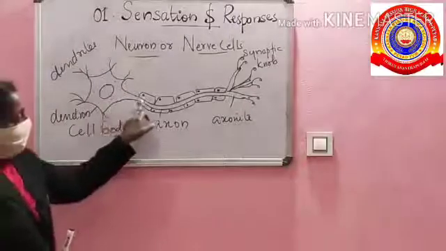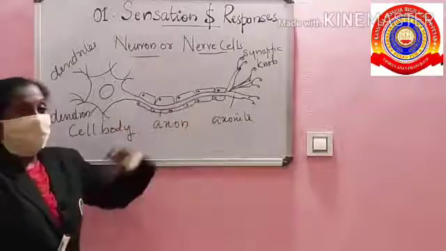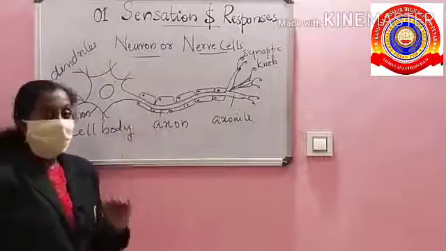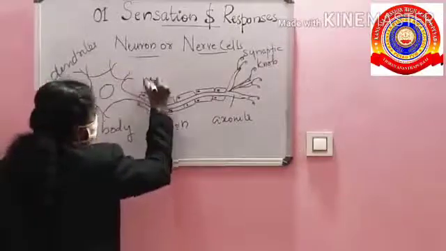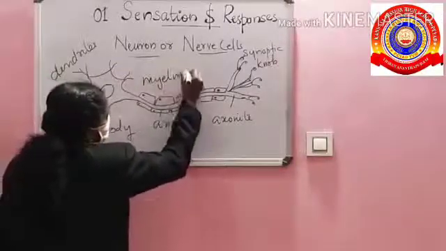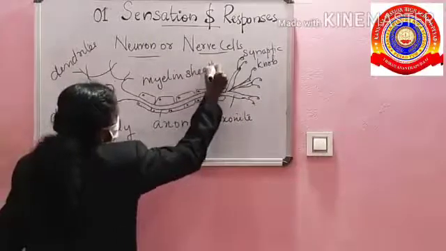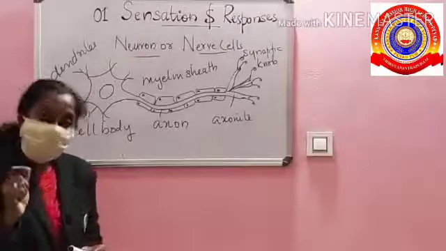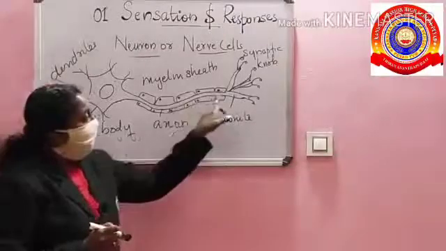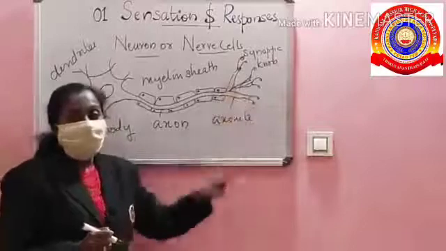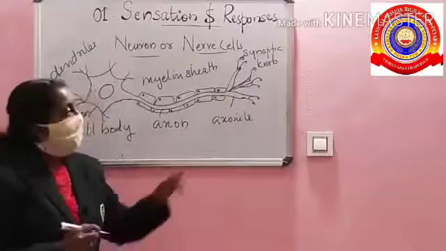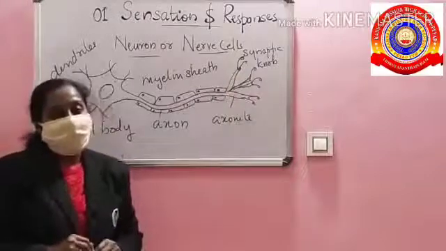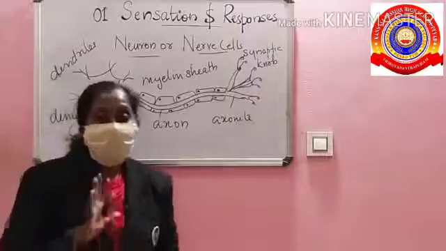From the cell body there is an elongated filament called axon. This axon is covered by a sheath called myelin sheath, which is made up of a lipid membrane. At the end of this axon there are branches called axonites. At the tip of the axonites we can see the synaptic knob. This is the structure of the neuron.